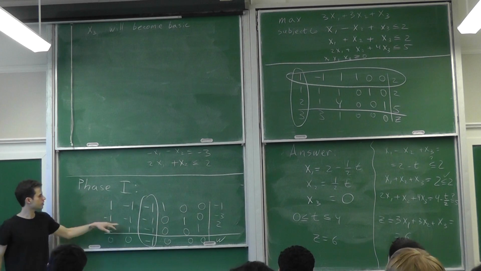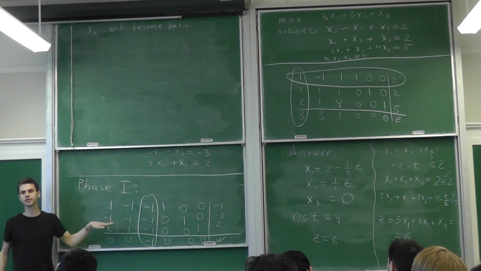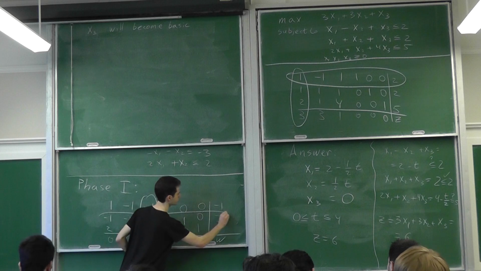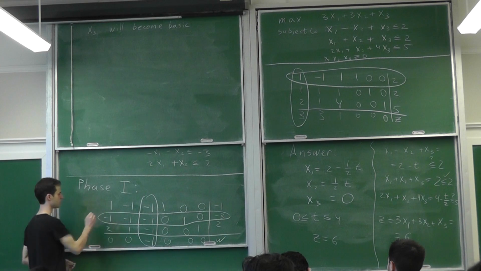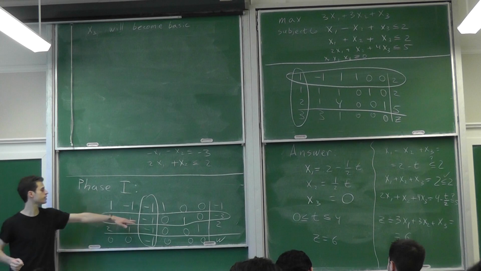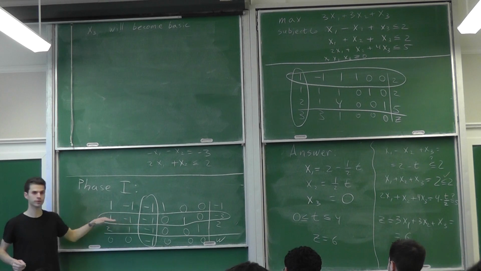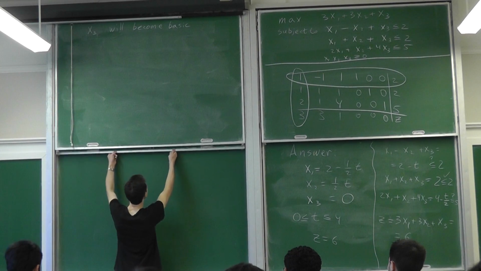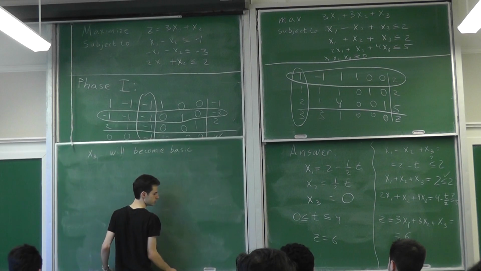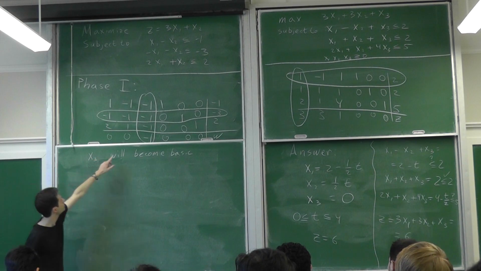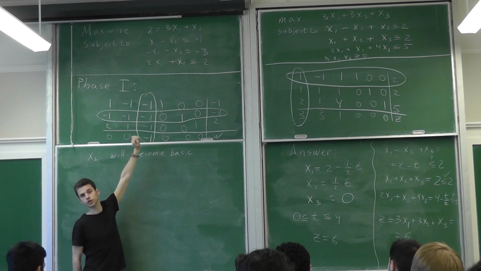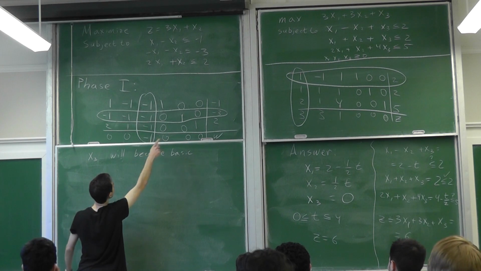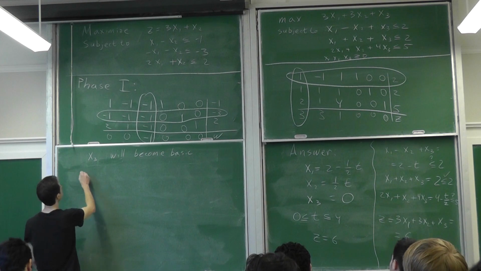So I see that this row gives me the inequality which is the strictest: increase x3 at least up to 3. So I'll make this row my pivot row, this variable my new basic variable. Let's see how it goes. I'll try to make this coefficient 1 and all the other ones 0. Okay, so I'll take the first row and subtract the second one.